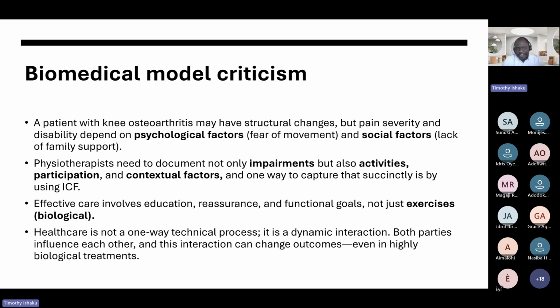But pain severity and the disability will be influenced by the psychological factors. Fear of movement. They wouldn't like to move their legs. And we all know that's not good. Yes, you have this, but you need to move their legs, even if it is load bearing or non-weight bearing.